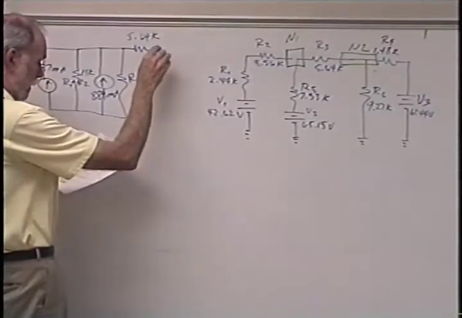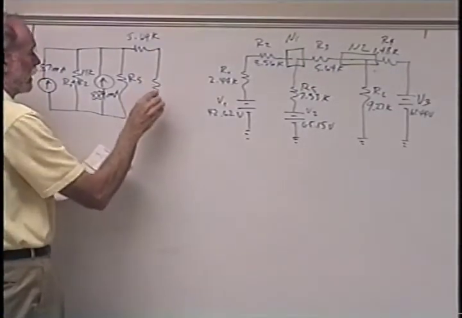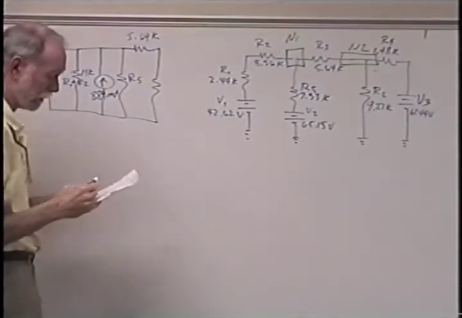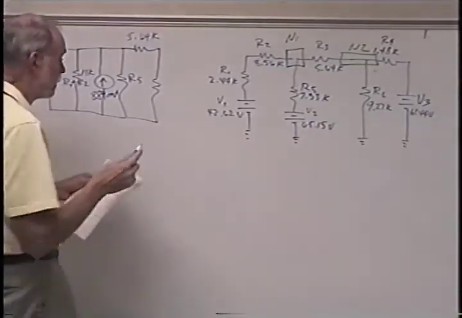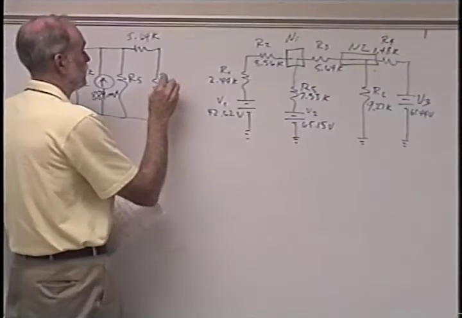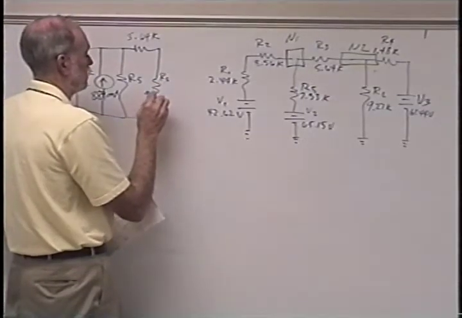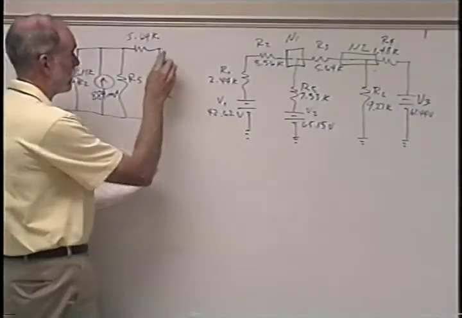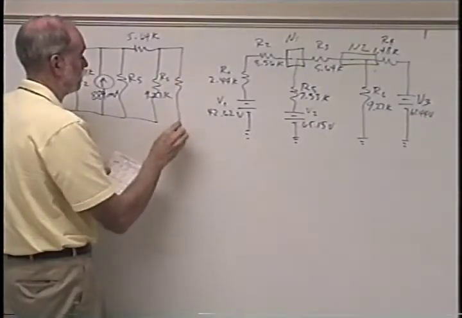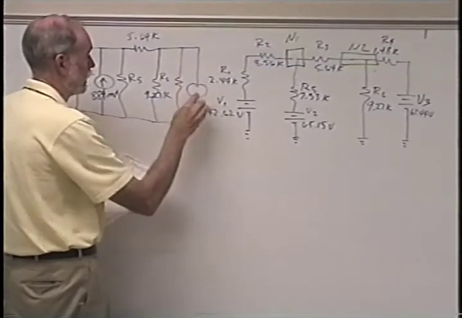Then I have another resistor that stands alone, going back to the reference node, which is R6. It's a 9.27K. Then I have another resistor and another current source out here.